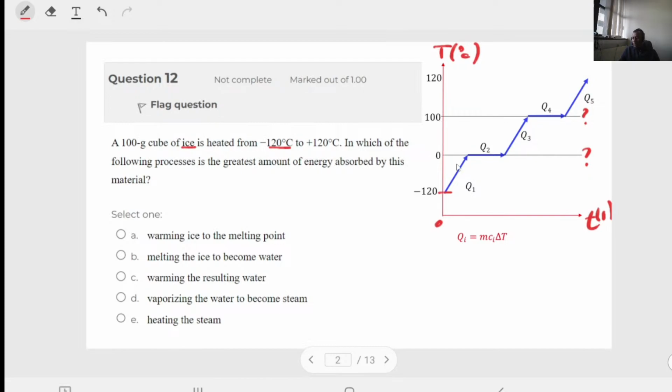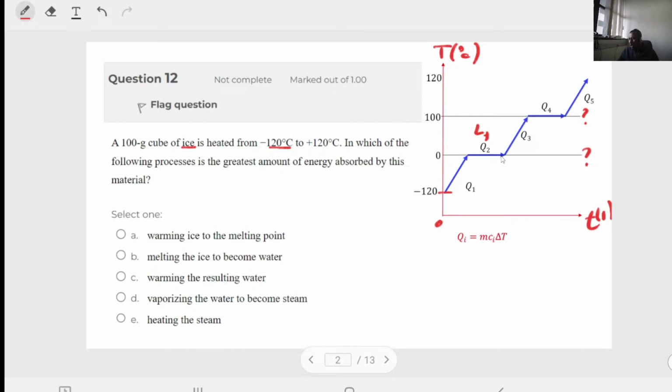What happens therefore is, if you give Q1 at this temperature, it will rise to 0 degrees centigrade. Then once at 0, it will undergo a phase change. Remember, Q2 is the latent heat of fusion, LF. I hope Professor Tim took you through this.